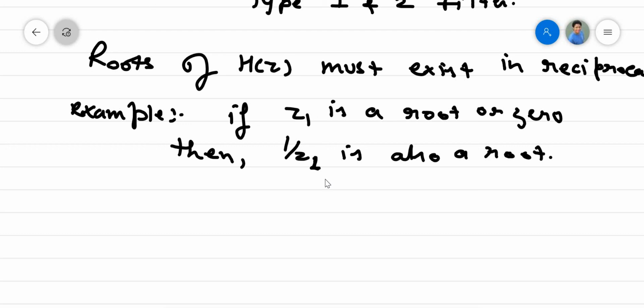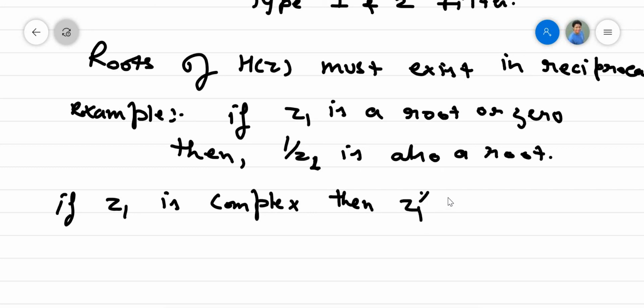Further, if the unit sample response Hn of the filter is real, complex valued roots must occur in complex conjugate pairs. That means if Z1 is complex, then Z1 conjugate is also a root.